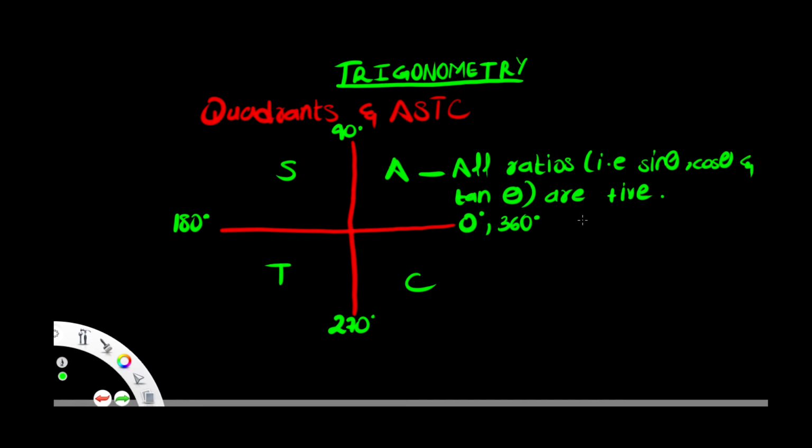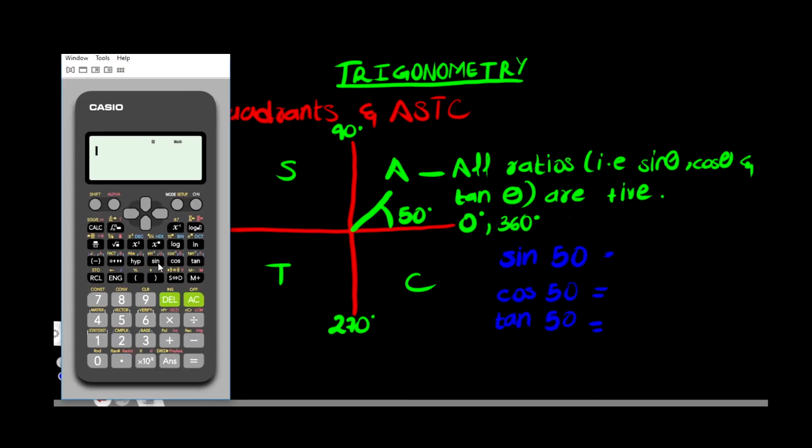Now what do I mean by this? Let's say this is some angle, say 50 degrees. If I calculate sine 50, cos 50, and tan 50, guess what? I'm going to get all positive values. If I plug the values into the calculator, sine 50 gives me a positive value, which confirms our claim.